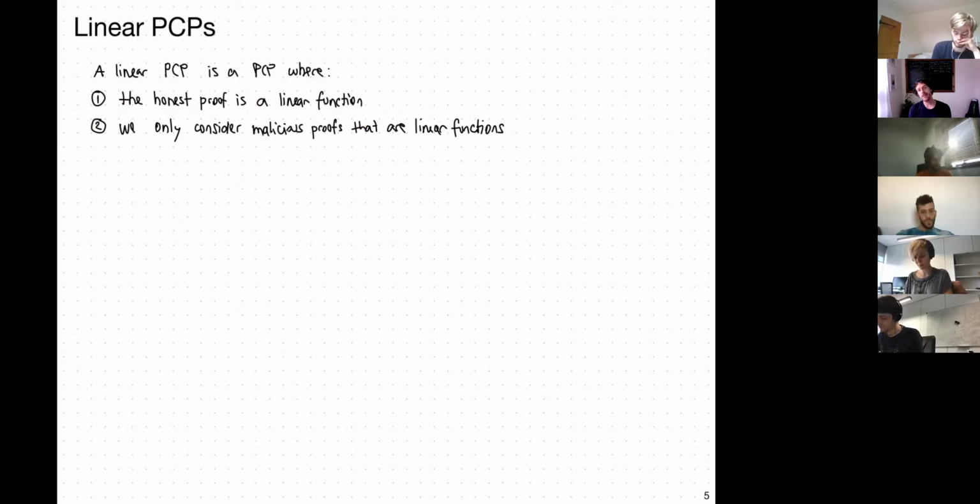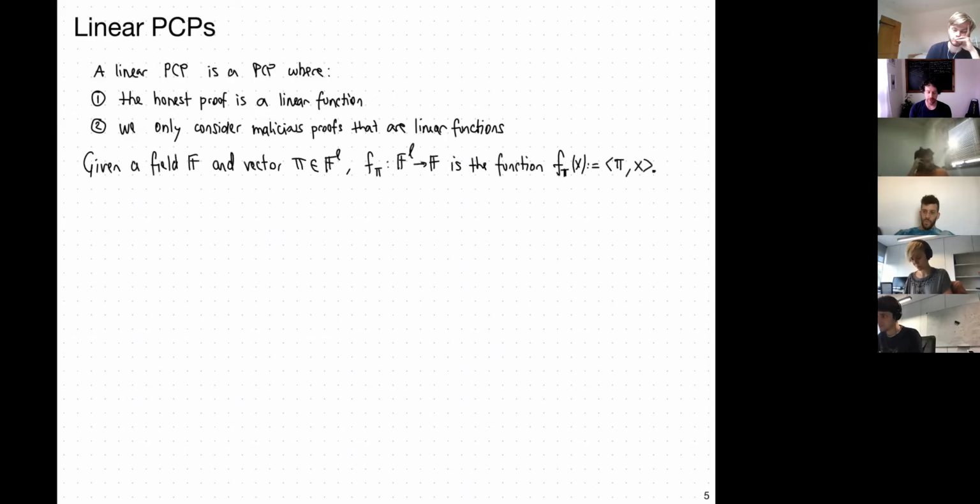I should mention as an aside that in addition to being an intermediate notion, which would clean up the analysis and allow us to decouple the testing part from the PCP part, this is also a massively useful notion in practice, and there are actually linear PCPs which are implemented in practice, and you'll see exactly why this could be helpful.